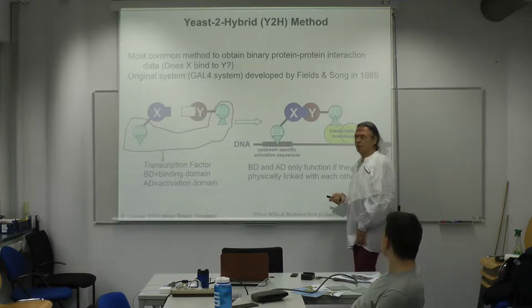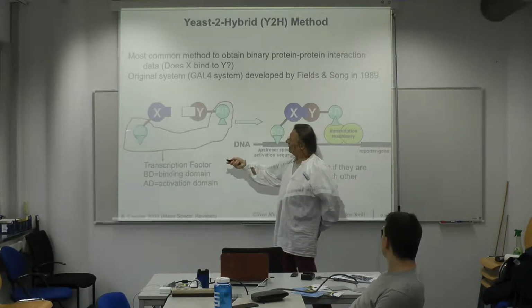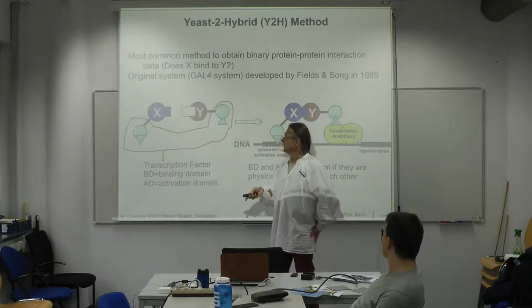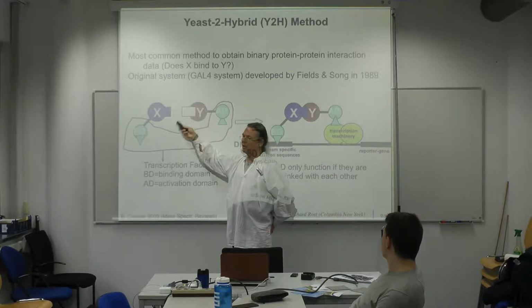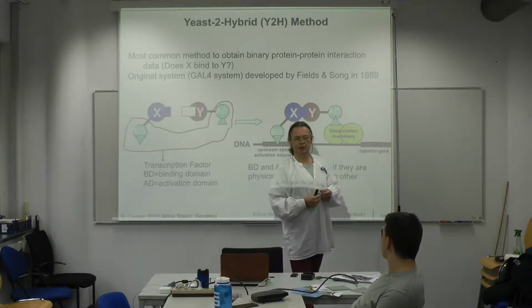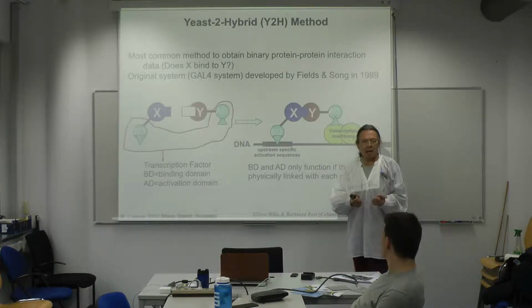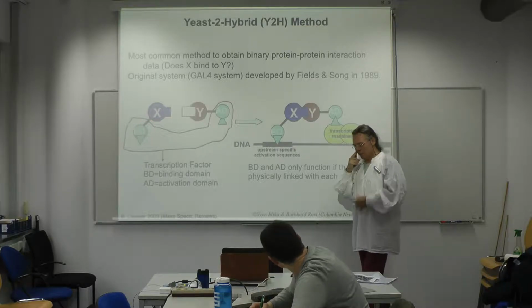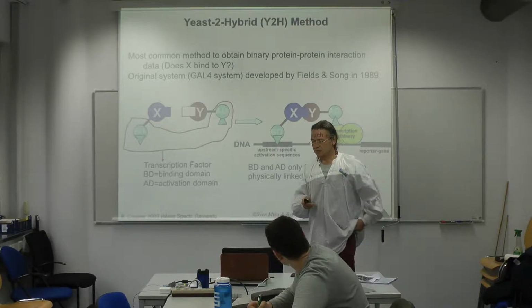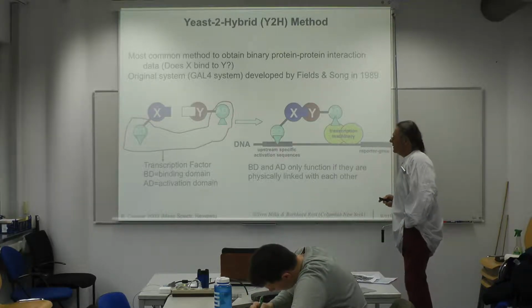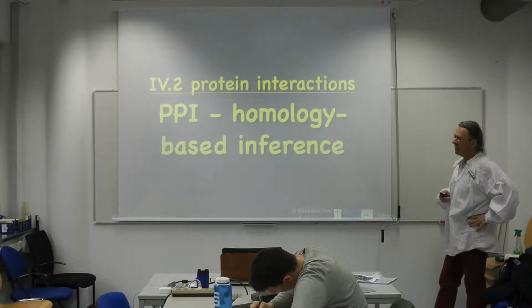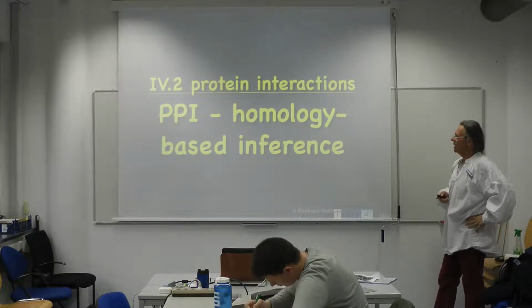So it is not difficult to assume that this may have an influence on whether these two bind. It could be that the way you put B on there is interfering with the interaction by going into the binding site, so there are all kinds of problems. But still, in the high throughput sense, this yeast two-hybrid system is the best kind of system that we know. And there are many others, and I'm not going to go into this.